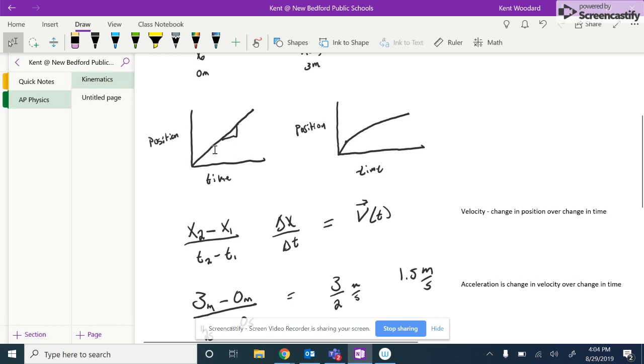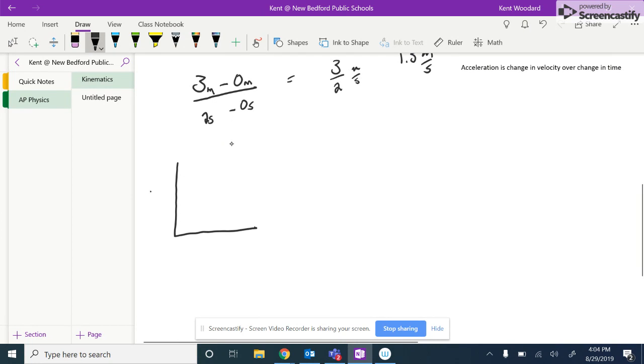The position's increasing at a constant rate. Therefore, this velocity, we calculated it arbitrarily and said it was 1.5 meters per second. It's that the whole time. So if I were to say the velocity as a function of time, well, it's just going to be this 1.5 value, the entire time, right? That's what our graph would look like.